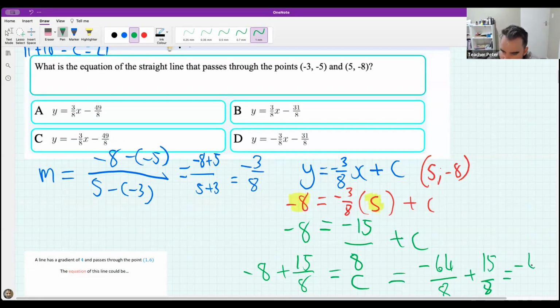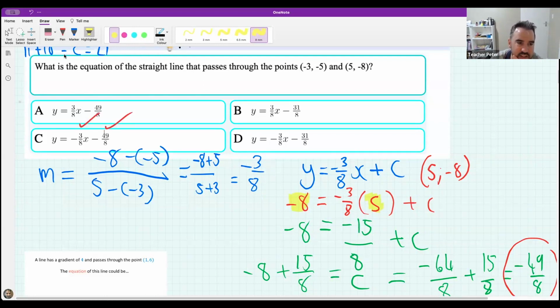You don't need to be this sneaky. But I suspect I'm getting minus 49/8. I know, maths teacher powers. Those are advanced powers. So what I'm getting is minus 49/8. And so I see that minus 3/8 is here, minus 49/8. And so I get C.